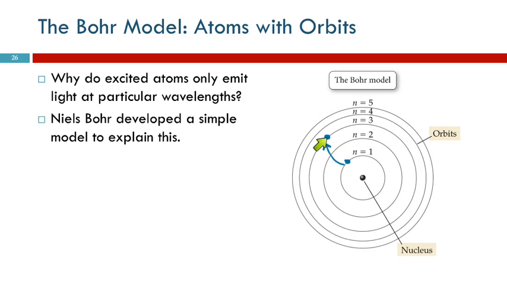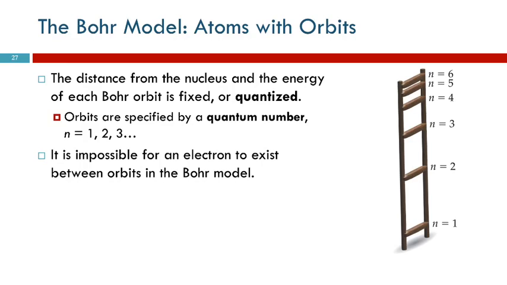When this electron returns to a lower energy state, it releases energy, and that corresponds to one of those lines, a particular frequency of light. So the distance from the nucleus and the energy of each Bohr orbit is fixed. Quantized is the fancy name for that.